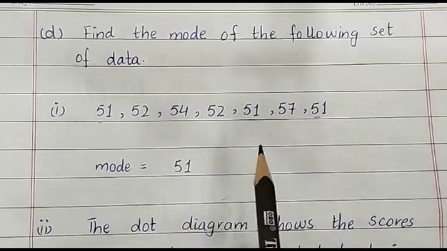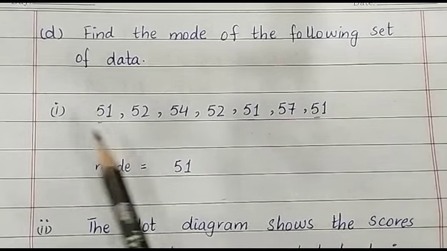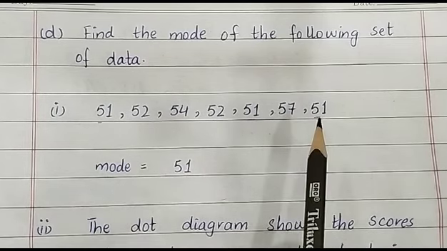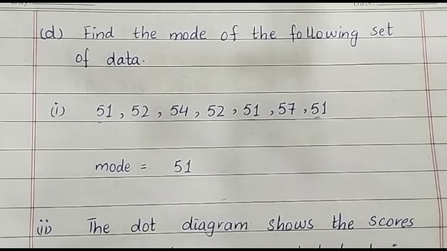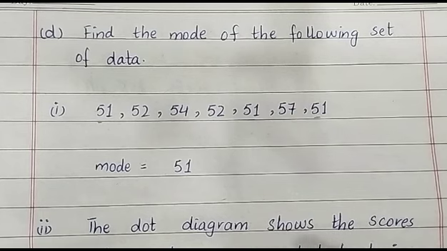As you are already seeing, there is a repetition of numbers in this. 51 is 3 times in this data, 52 comes 2 times in this data. So mode is the most frequently seen number. What is the most frequently means the more times a number comes, that will be the mode of that set of data.